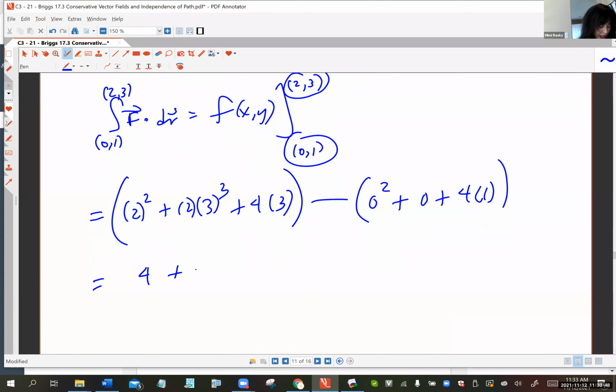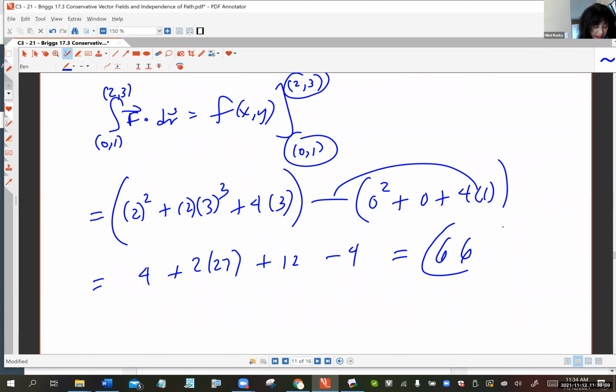What do you get here? 2 times 27 plus 12, and then distribute your negative, minus 4, and then do the arithmetic, and I get 66. And we did it. We proved that it was independent of path, and we got the answer. Worked out pretty well, right?